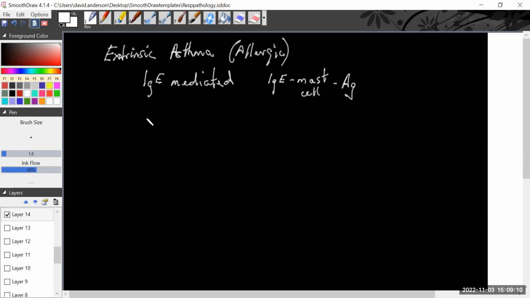So like I started to say, about 10% of the population worldwide has this type of asthma, this type of extrinsic form of asthma, with a much higher prevalence in more developed countries.